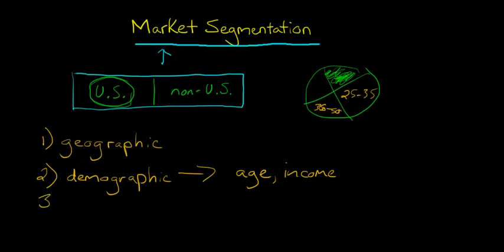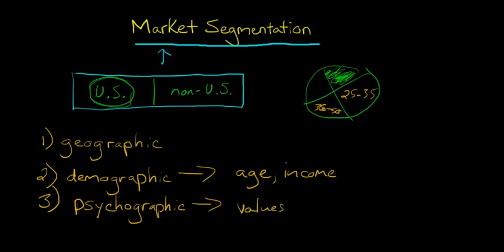Besides geographic and demographic ways of splitting up the market of consumers, another way is called psychographic. With psychographic segmentation, you're typically having people take some kind of test, or you're somehow evaluating people, getting the results of some kind of test. You're basically studying them, doing market research to determine what kind of values they have.